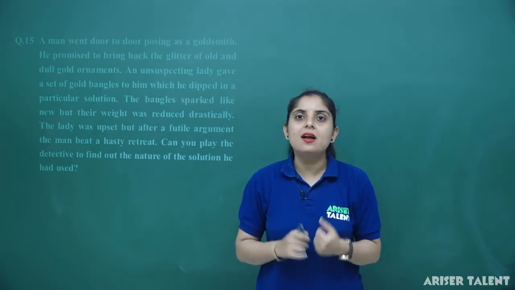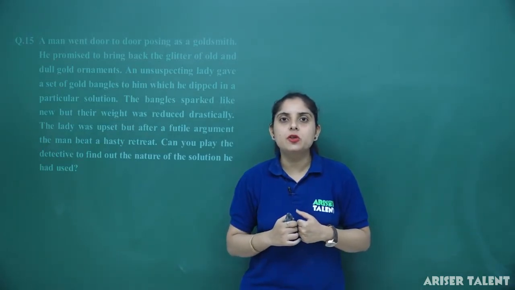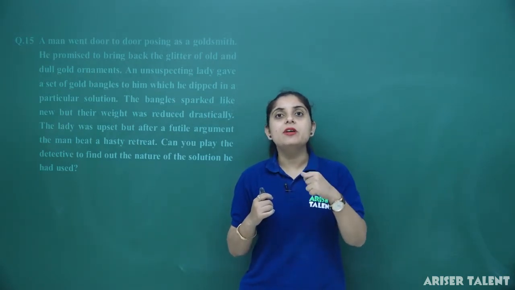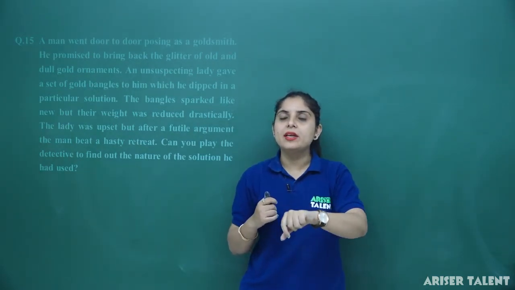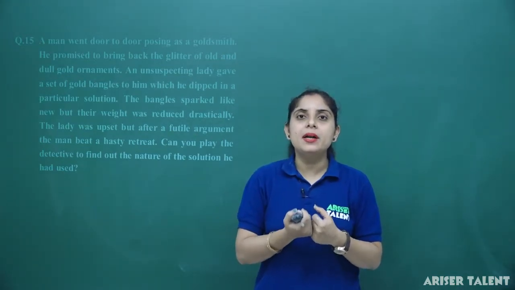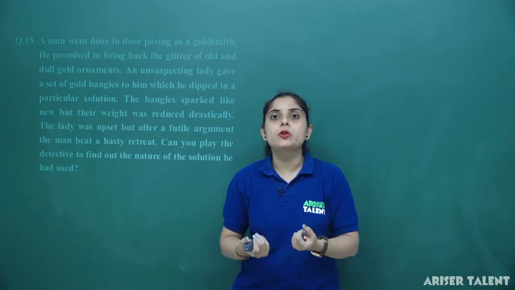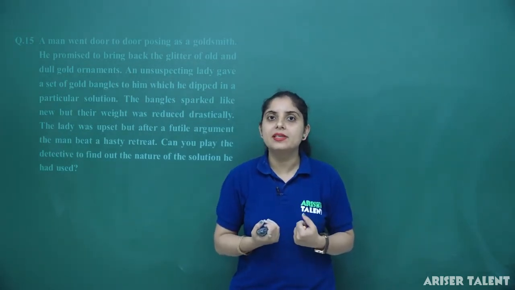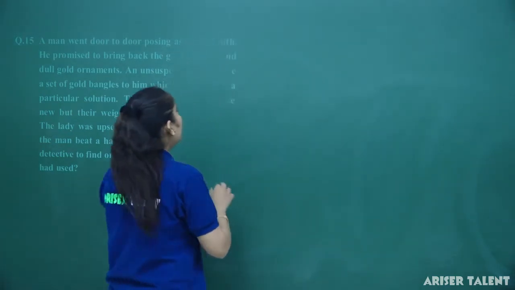And what is aqua regia? Aqua regia is a solution of 1 part of HNO3 and 3 parts of HCl. So whenever you dip gold jewelry in this solution, the shining will recover easily, but aqua regia is going to extract the gold from your bangles and the weight will reduce drastically. Clear?